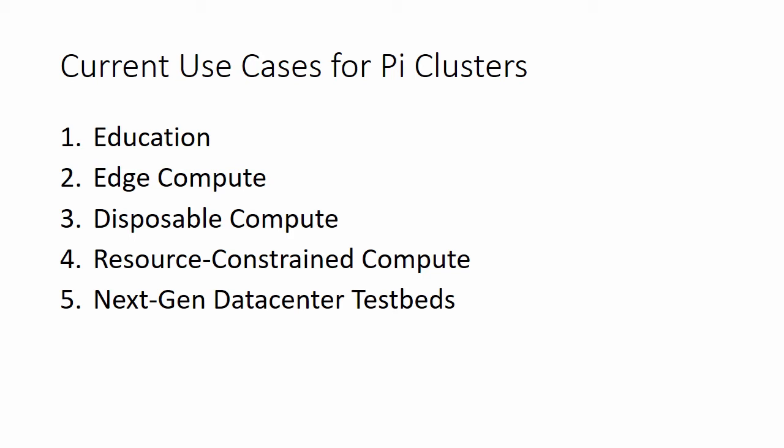Edge computing is one of them, and that's what we've been doing with our systems, collecting sensor data and doing machine learning on the edge. Disposable computing as well. If you think about it, Raspberry Pis are effectively free. They give them away on the covers of computer magazines and things like that these days. You used to get a CD on your magazine for your computer.